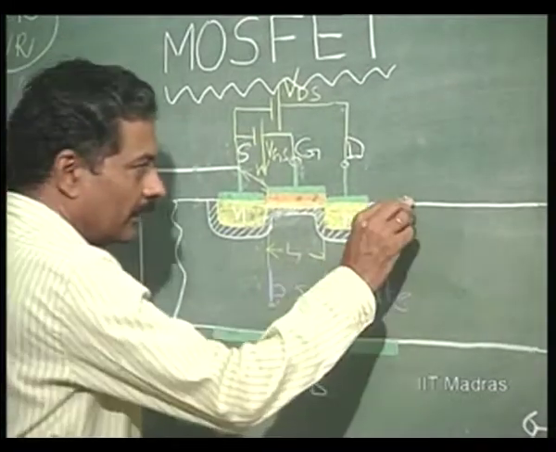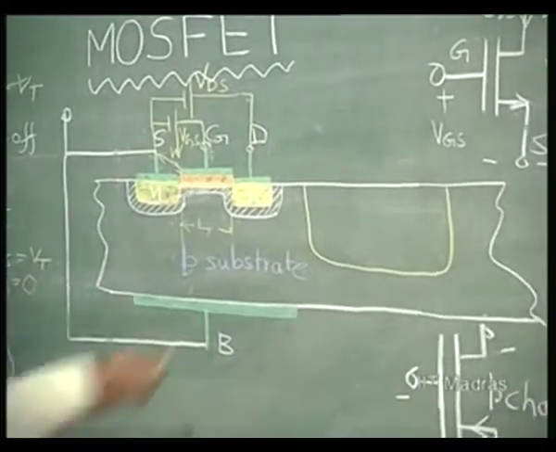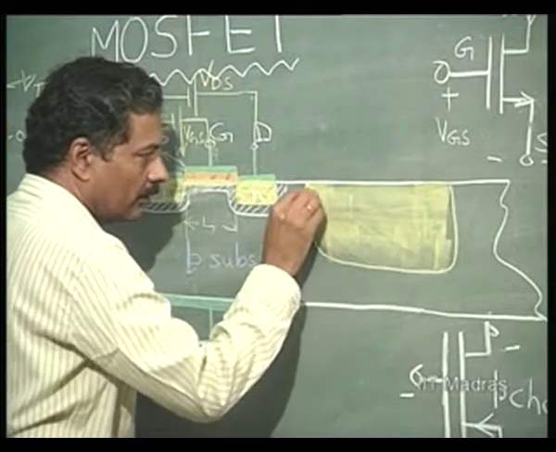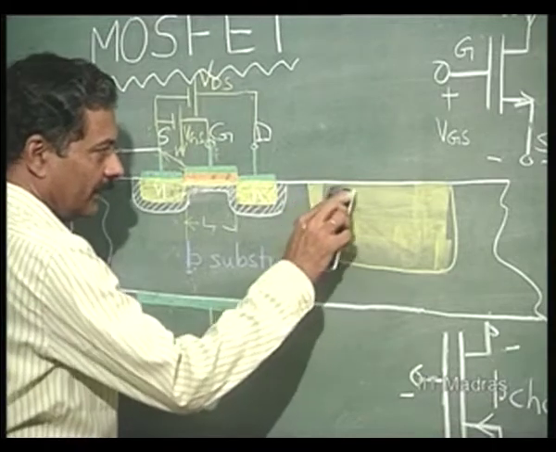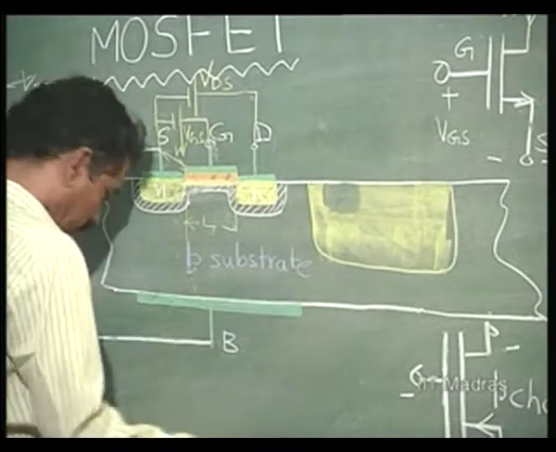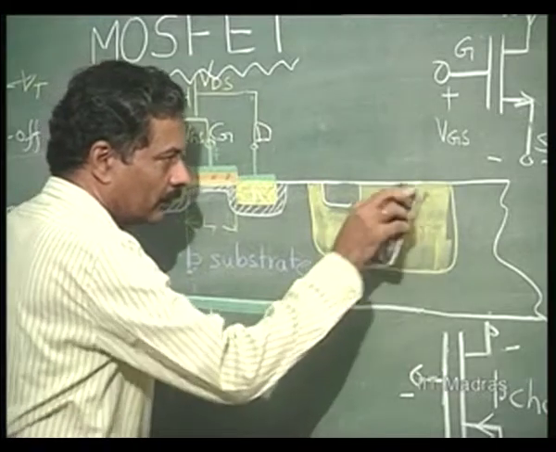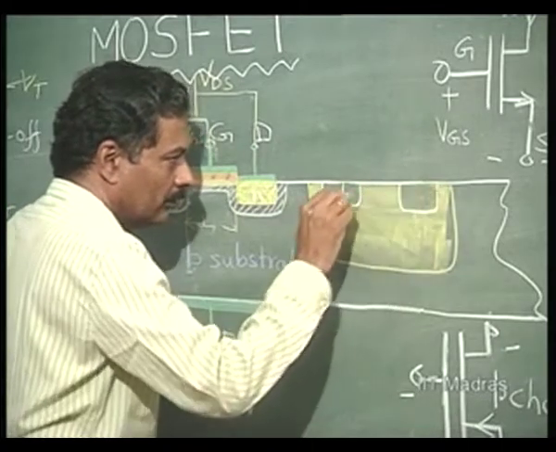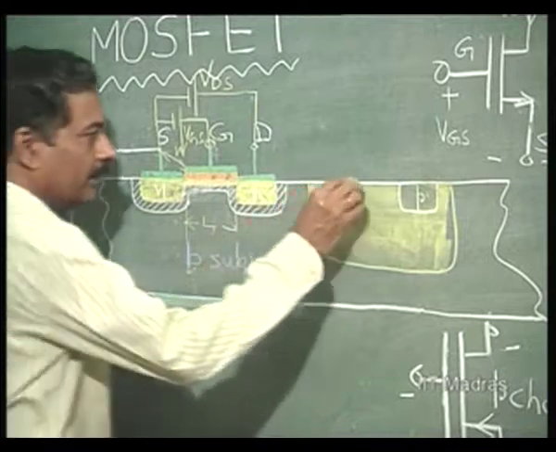I would like to have a P channel FET also in this, so I will have an island of diffused region to form a P channel FET, in which I will now diffuse P type impurities for source and drain, and then we will have a similar gate like this.